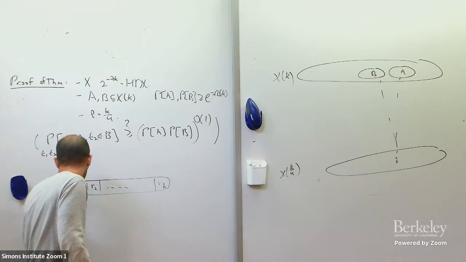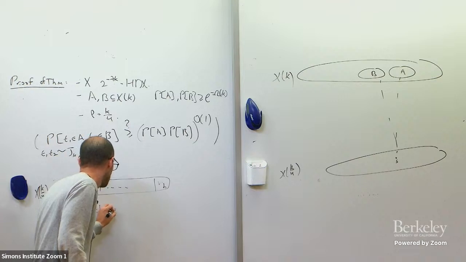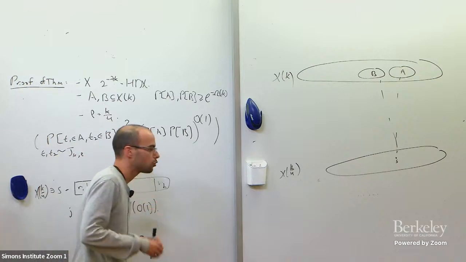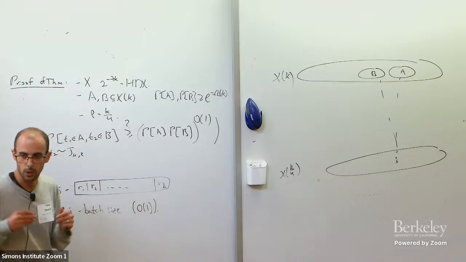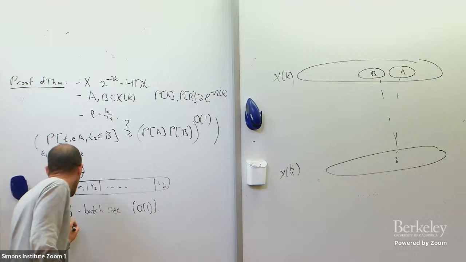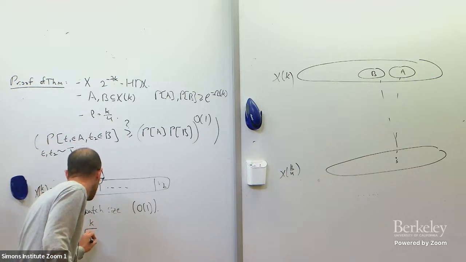J is the batch size. For the moment, let's think of J as just being like 100 vertices or something. Later on, we should optimize this. And B will be the number of batches we need, which is of course k over 4J.